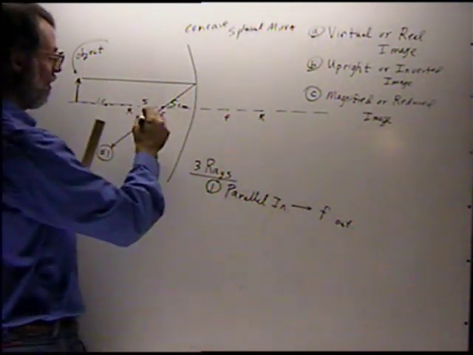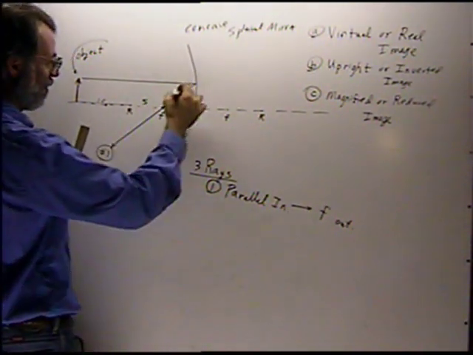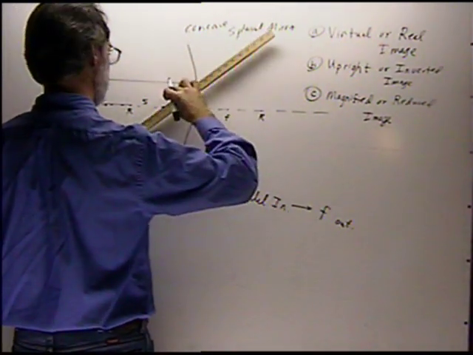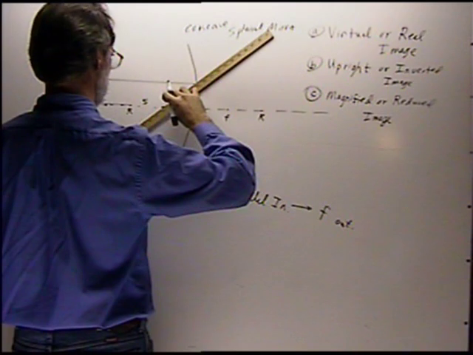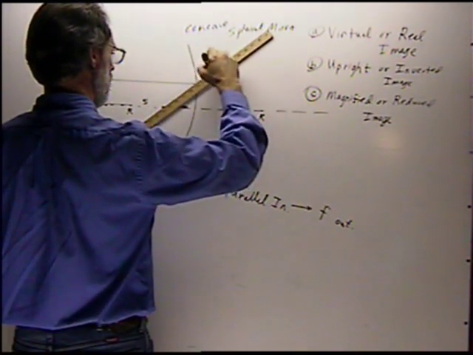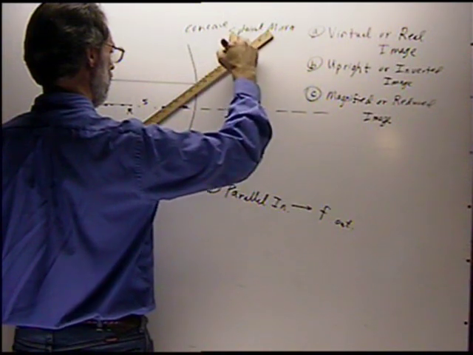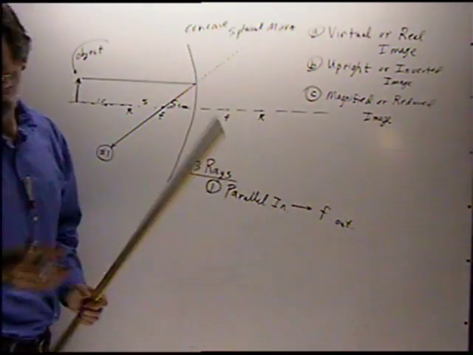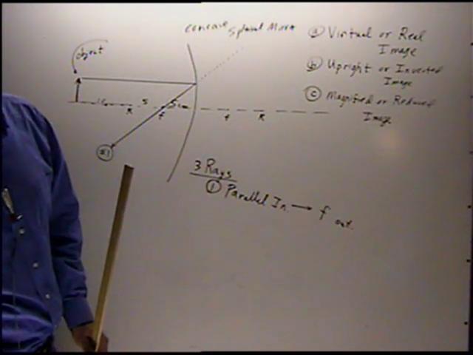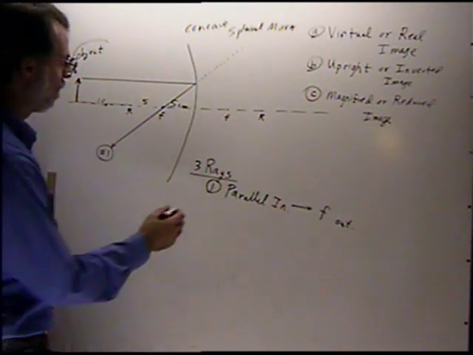Okay, now notice that the ray comes in this direction, but it also, we'll see if it appears like it comes from this direction. We shall see, maybe not. Okay, ray number 2.